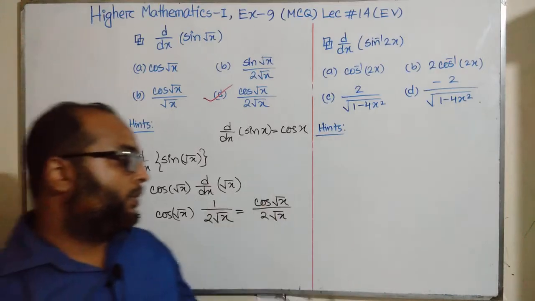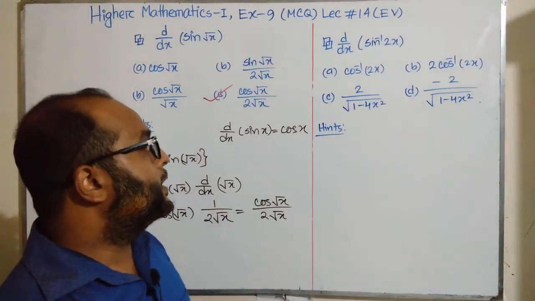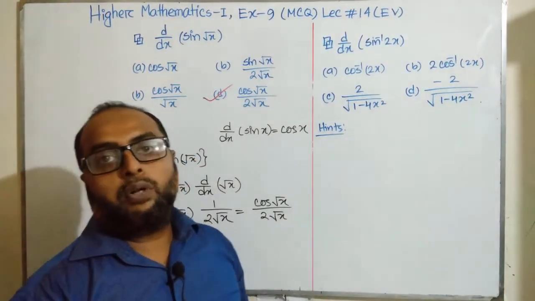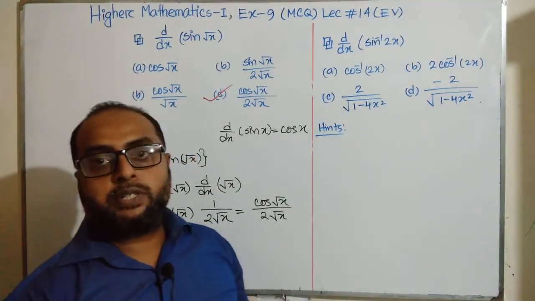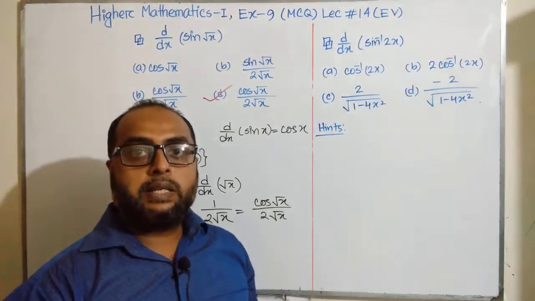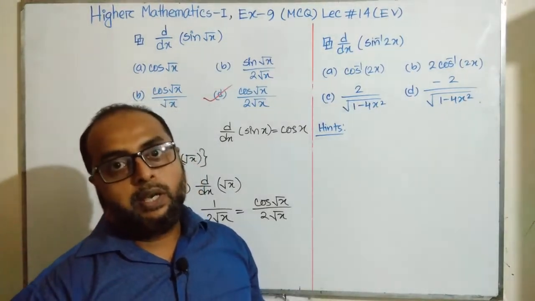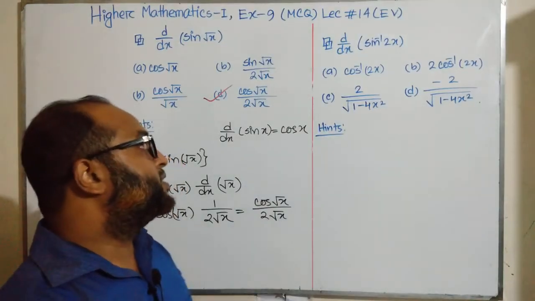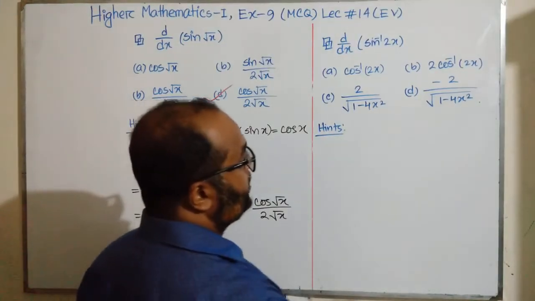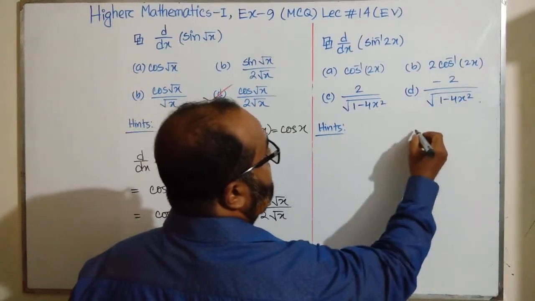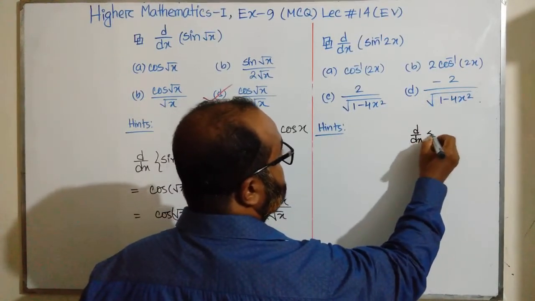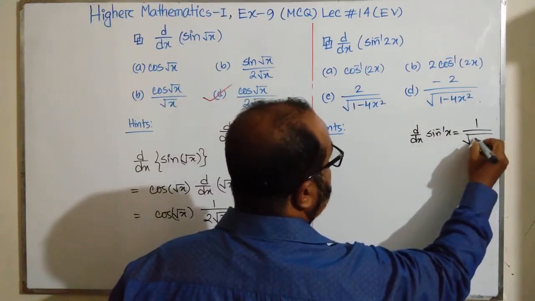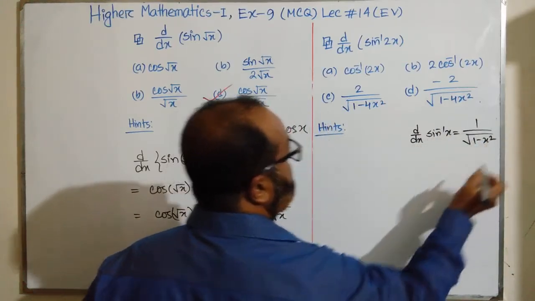Okay, now our next problem is d/dx of sin inverse 2x. You know the formula of d/dx of sin inverse x, cos inverse x, sec inverse x, tan inverse x, cot inverse x. Here d/dx of sin inverse 2x, so the original formula is d/dx of sin inverse x, this equals 1 by root over (1 minus x square).